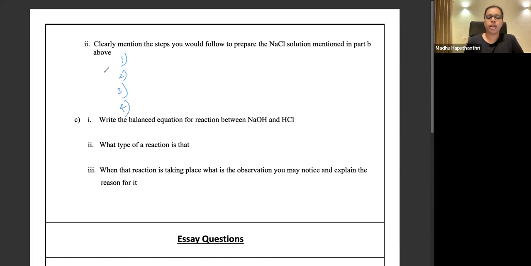Finally, only we are topping it up. So then write, add distilled water up to the 200 centimeter cube mark and shake well.